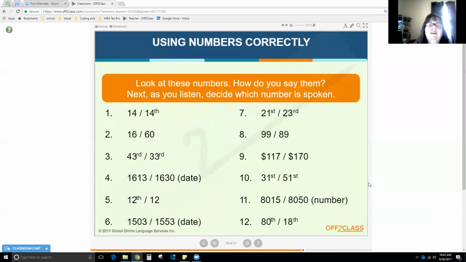Just depends. Okay, look at these numbers. How do you say them? And as you listen, decide which number is spoken. If you were going to use 14 or 14th in a sentence, it would depend on the context, right? Yeah. I'm wondering if they're going to leave that part blank.